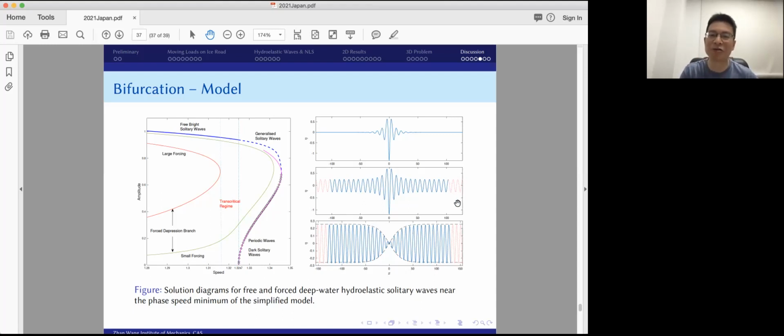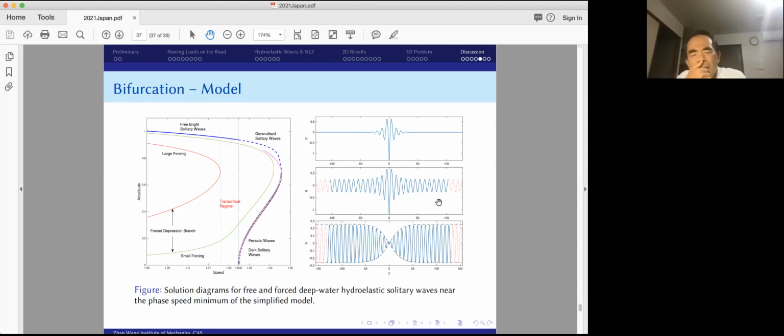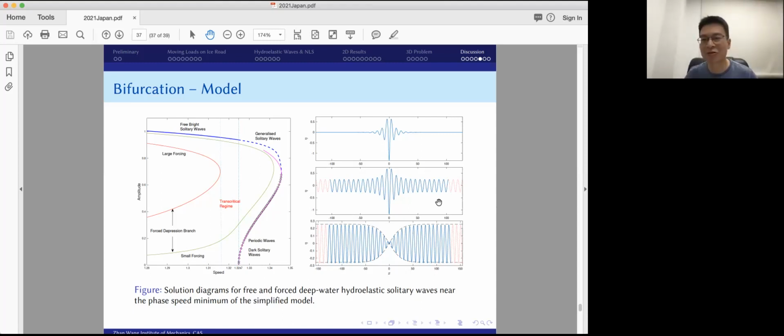I can compute these solutions with an even larger domain. Then you will see that with a smaller domain, the solution for the blue one is just on top of the red one. That means you can always add periodic solutions to the solution. That's how I prove this is a generalized solitary wave.